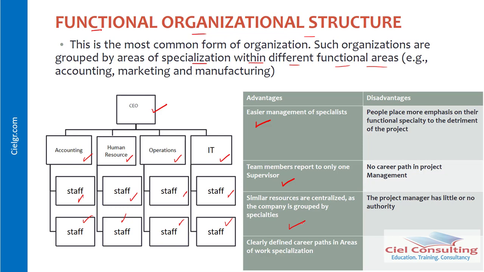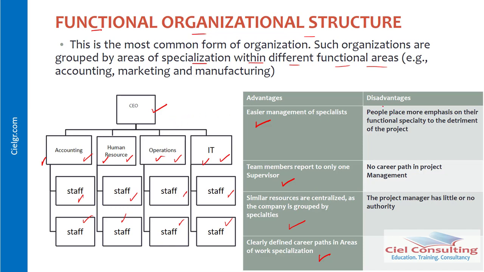Also, similar resources are centralized as the company is grouped by specialties, so resources can be harnessed together because these are specialties within which they operate. Then also, there are clearly defined career paths in areas of work specialization. Here you can decide to build a career in a particular specialty, say for example accounting, human resources, operations, or IT.